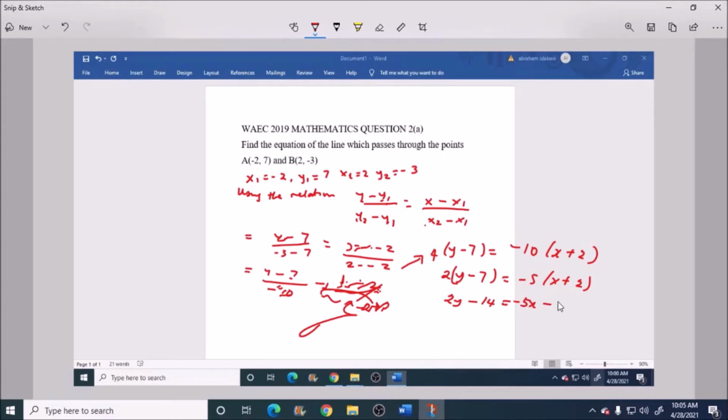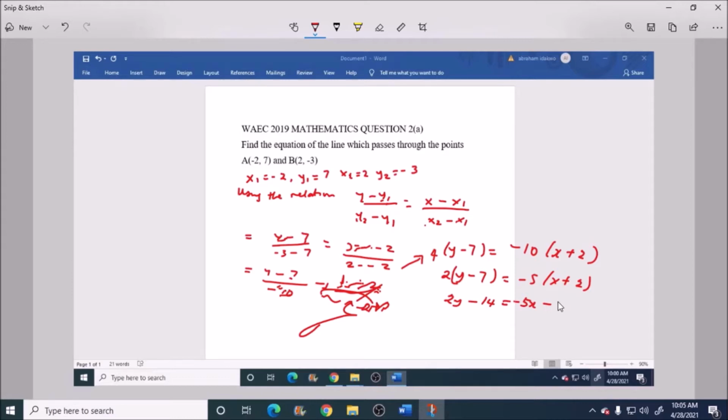Okay, so we have 5x plus 2y equals to minus 10 plus 14. This will be 5x plus 2y equals to 4.